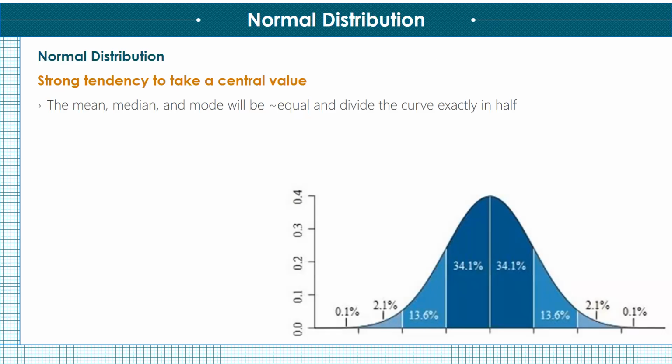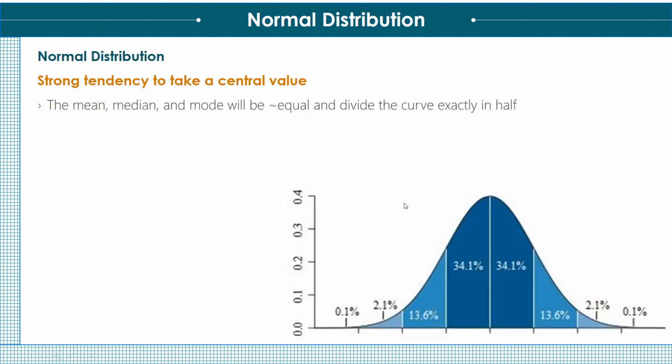So I keep talking about whether your data is normally distributed. We're talking about your continuous variables. And this is when there's a strong tendency to take a central value. And you'll see that you'll have this really nice bell-shaped curve in a normally distributed variable. In this case, the mean, the median, and the mode will be approximately equal and divide this curve exactly in half.